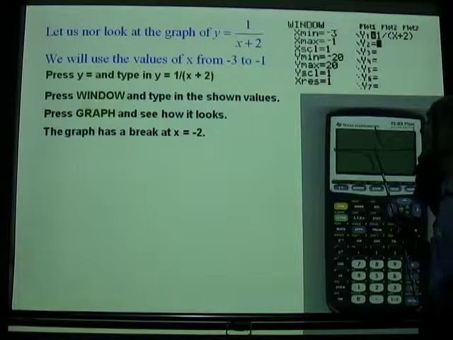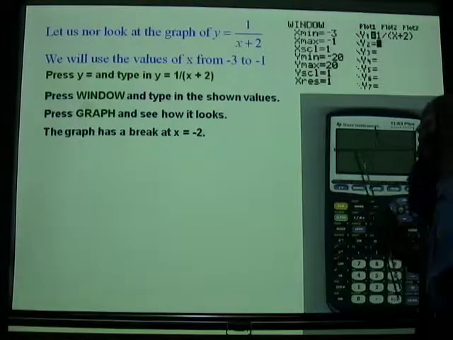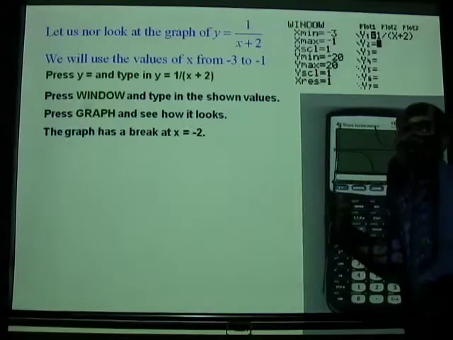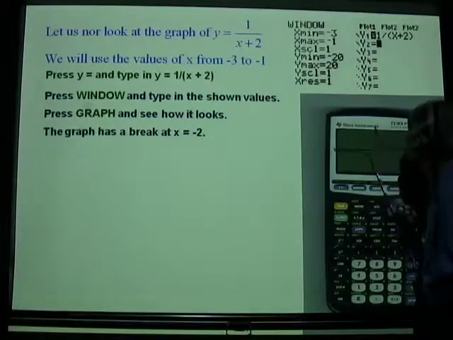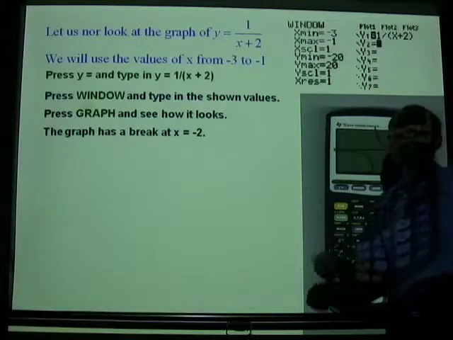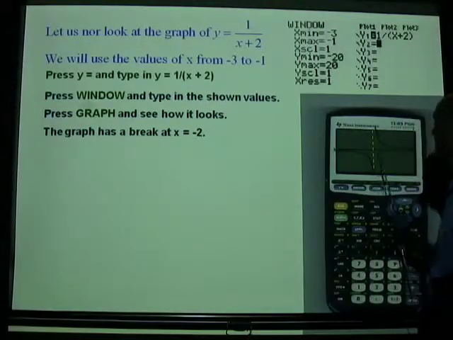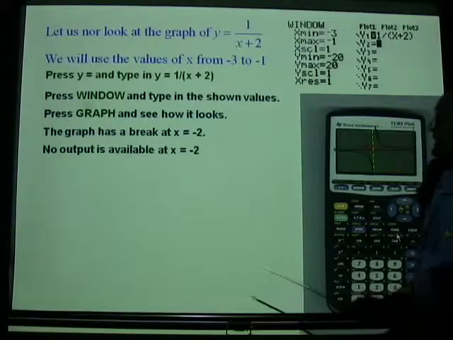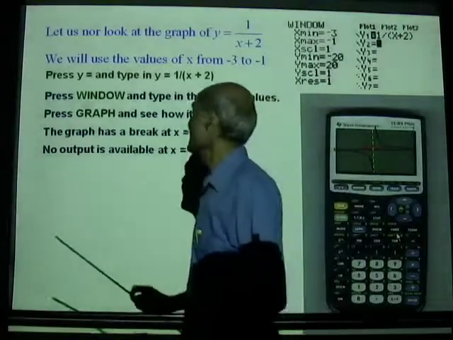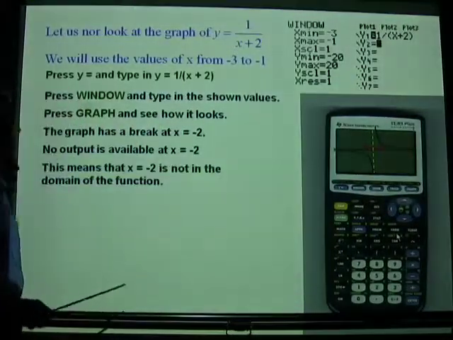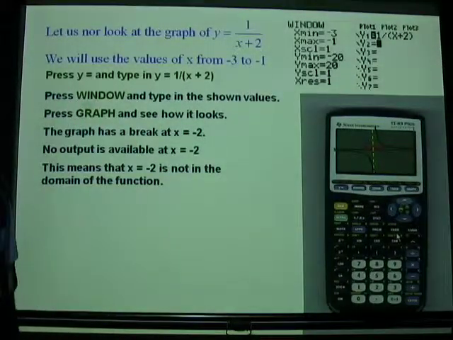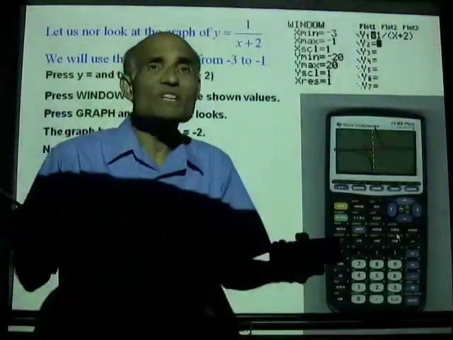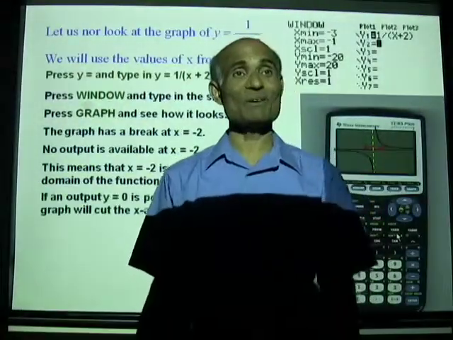What does that mean? x equal to -2 is not in the domain. When a certain x value is not in the domain, you get a break in the graph there. The graph is not continuous there. No input is available at x equal to -2. This means that x equal to -2 is not in the domain of that function.